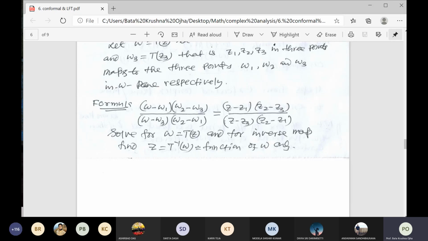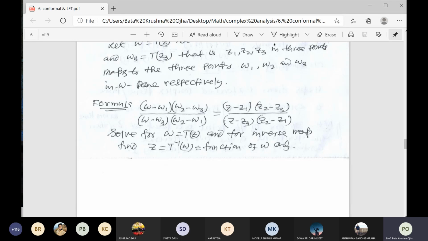Similarly, suppose Z3 is infinity in the Z plane. Then T is a mapping from the extended complex plane, because Z3 is infinity means infinity is a point in the complex plane, the complex plane along with infinity. That is called extended. Or here W1 is infinity and here Z3 is also infinity. Both sides are infinity. That means the mapping is from the extended complex plane to the extended complex plane.